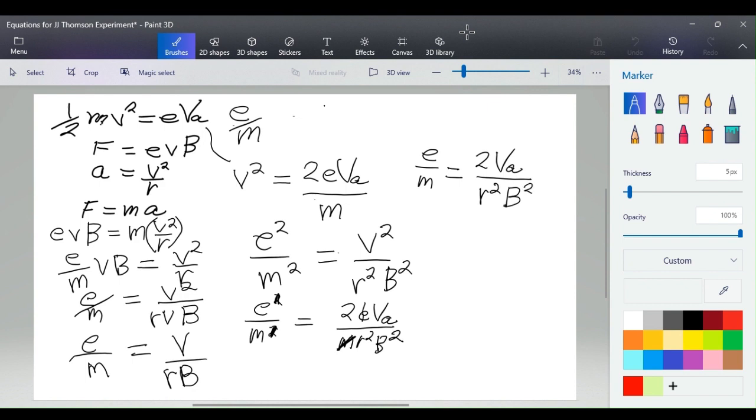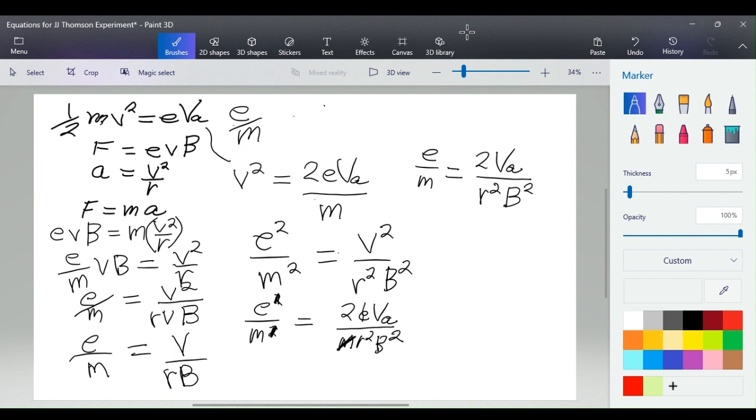So, if you remember way back when, I said something about trying to see the atom. Well, this is the first step, to get the charge to mass ratio. And these are the values in the experiment that we can use. We've got the accelerating potential voltage, about 200 volts.